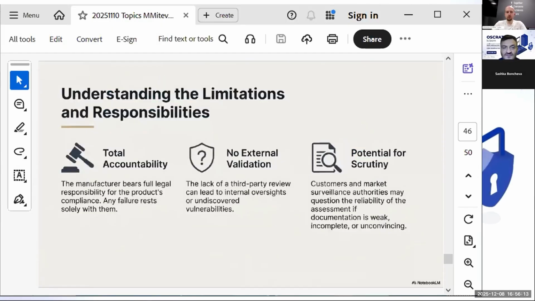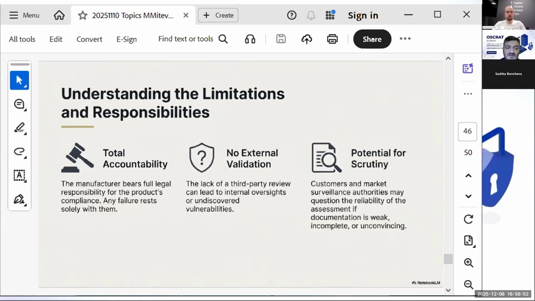Of course, self-assessment also has serious responsibilities. The manufacturer is fully accountable for the product's compliance. If something goes wrong, there is no external body to share the responsibility. Internal teams may miss vulnerabilities that an independent expert would have caught. If the technical documentation is weak or incomplete, market authorities or customers may question the reliability of the assessment.